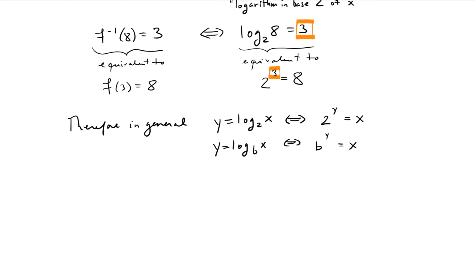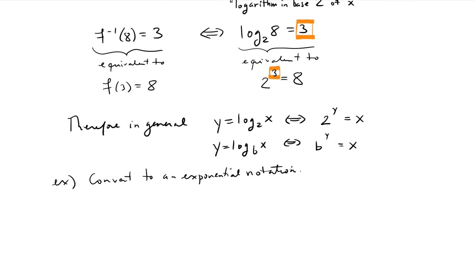Okay. So maybe let's do one right now. Convert to an exponential notation. And for those of you who have been with me in the fall, we've done this. This is actually part of Sec 4.